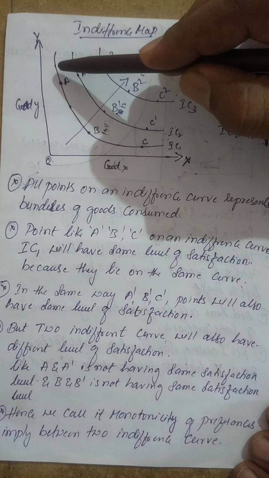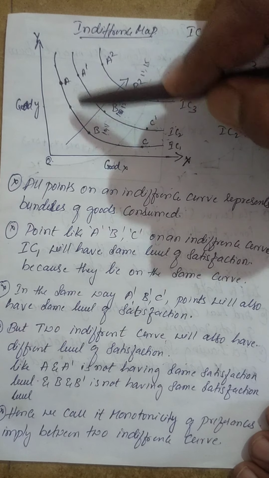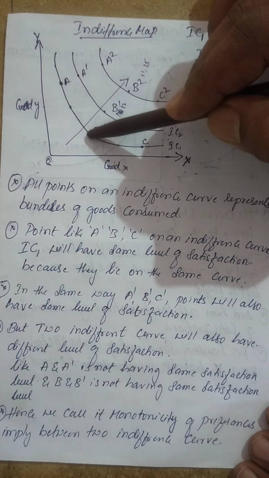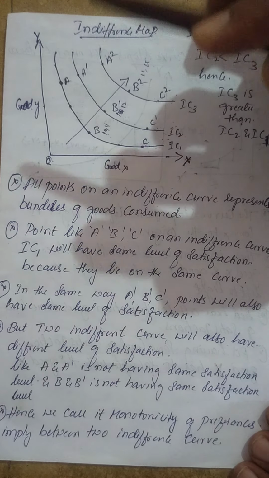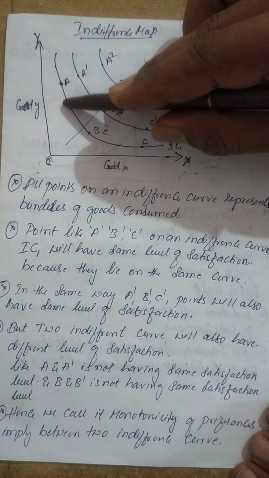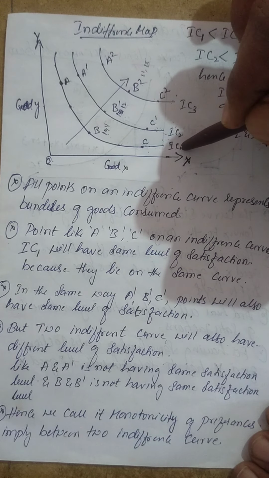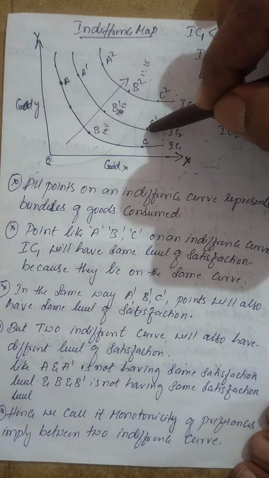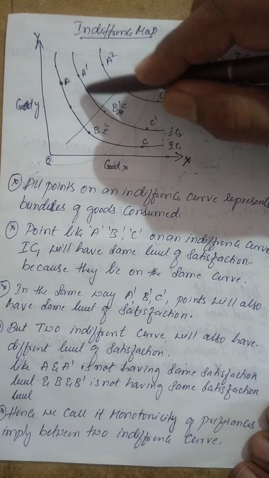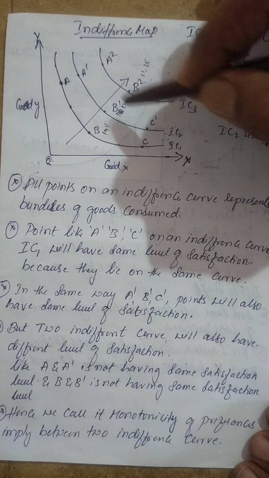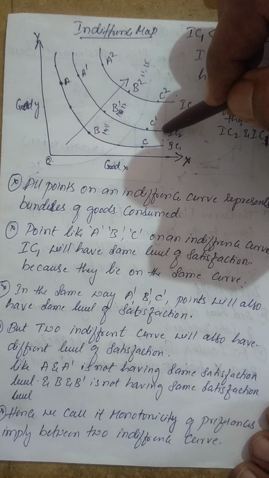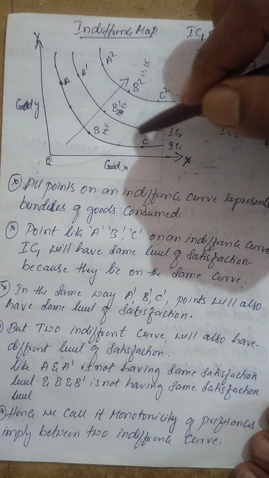That means these consumers consume different varieties of goods, but their satisfaction levels remain the same since they lie on the same indifference curve. The same thing applies to the second curve also. You have different points and different consumption levels, and they will have the same level of satisfaction.